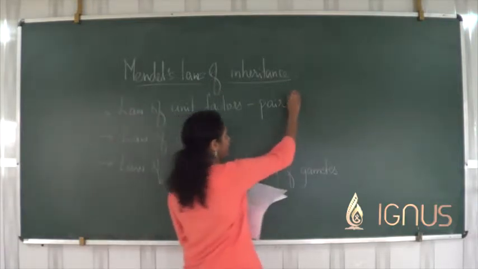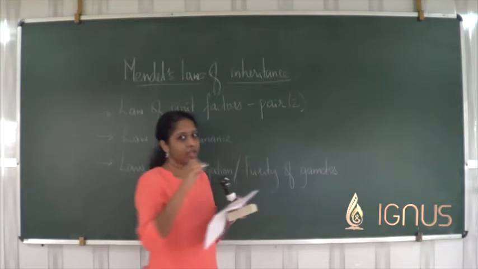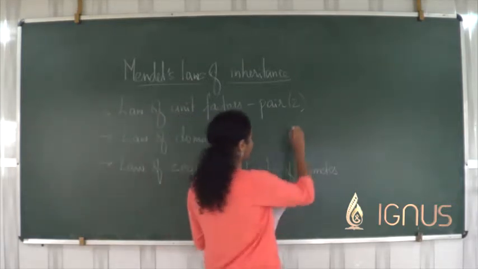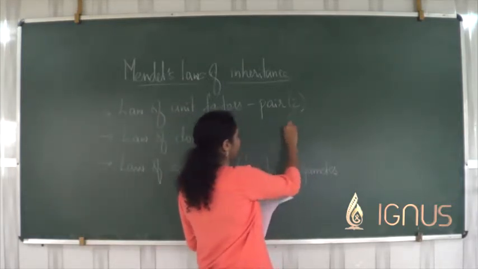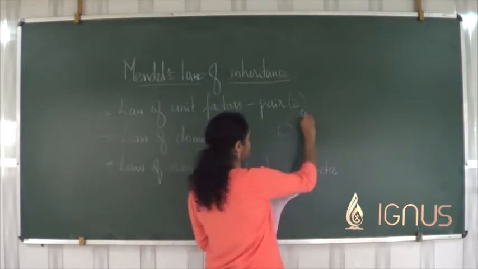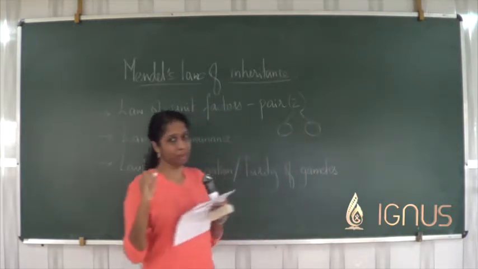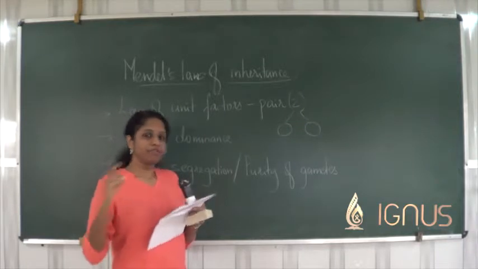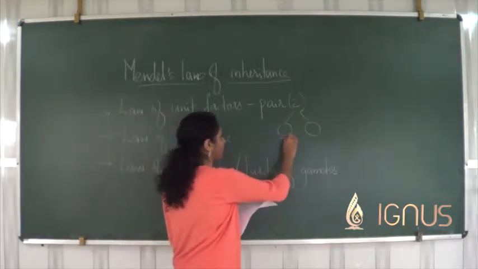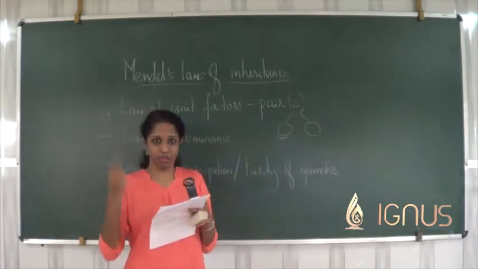Pair meaning that you have two, right? During gamete formation, one of them is going to get transferred to one gamete and another is going to get transferred to another gamete. And so the offspring is going to get one of the unit factors.